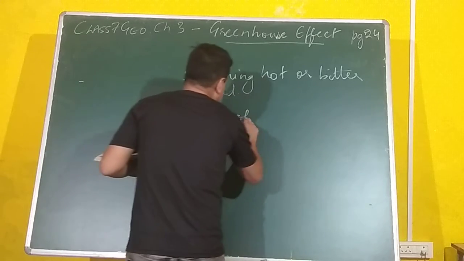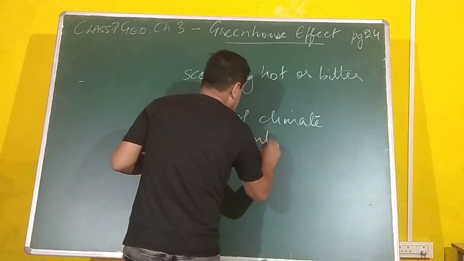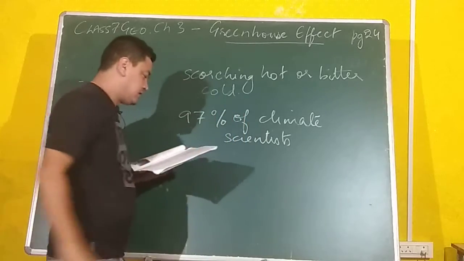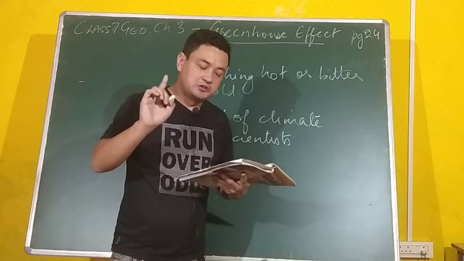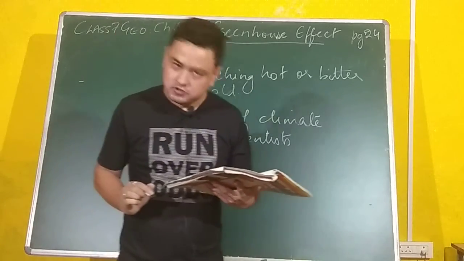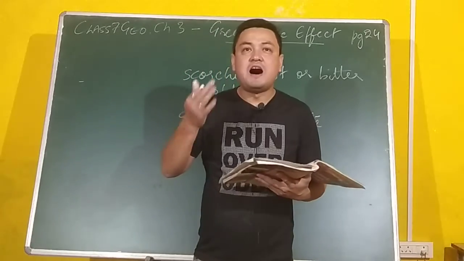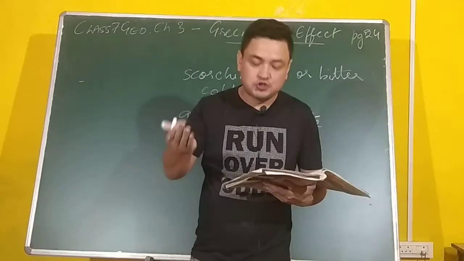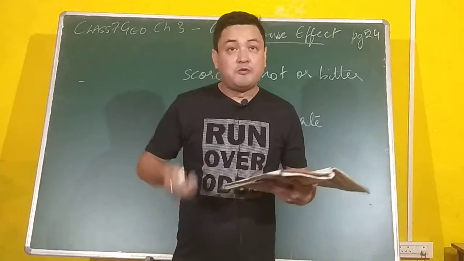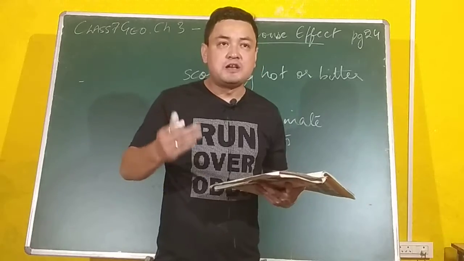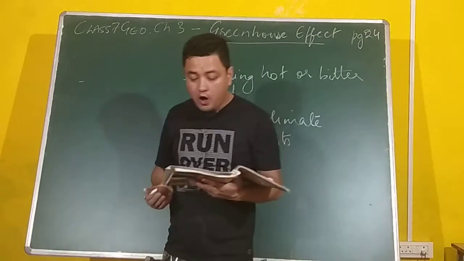Therefore, 97% of planet scientists agree that humans have changed Earth's atmosphere in dramatic ways over the past 2 centuries, that is, over a period of 200 years, which has caused the temperature of the Earth to rise and result in global warming.